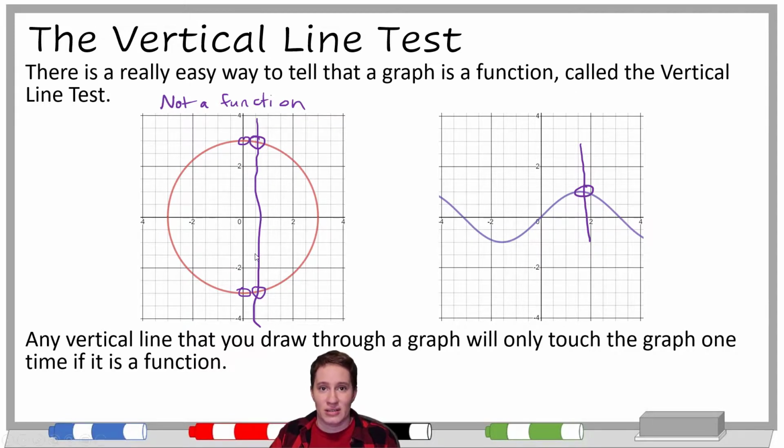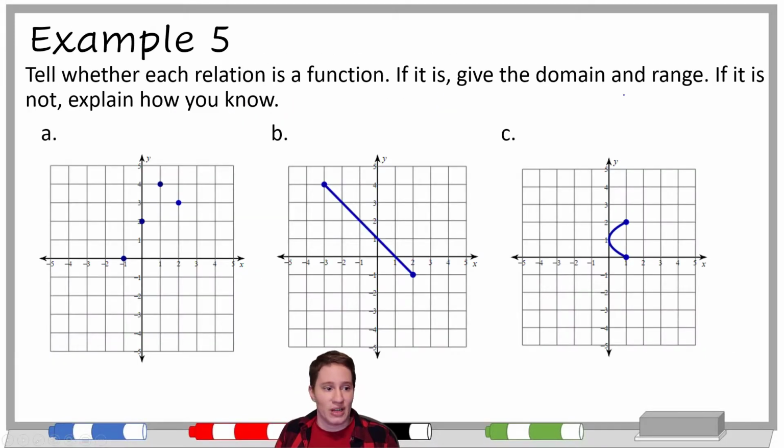So let's take a look at this example, although those kind of were a couple of examples. So on example 5 here, I wasn't going to worry about the domain and range, but I'll go ahead and tell you the domain and range on these, but I do want to point out that domain and range on graphs is a bit trickier. So it's fine if you want to save it for later, in my opinion.